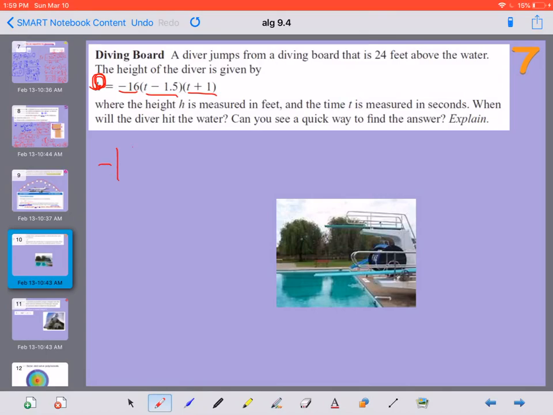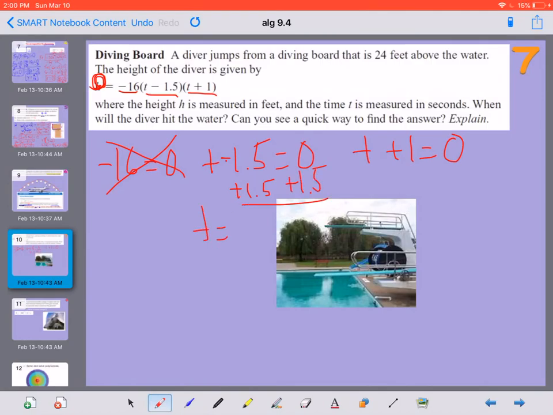So we would have negative 16 equals 0, t minus 1.5 equals 0, and t plus 1 equals 0. We know that negative 16 does not equal 0, so that doesn't make sense. Here, if we added 1.5 to both sides, t would equal 1.5.